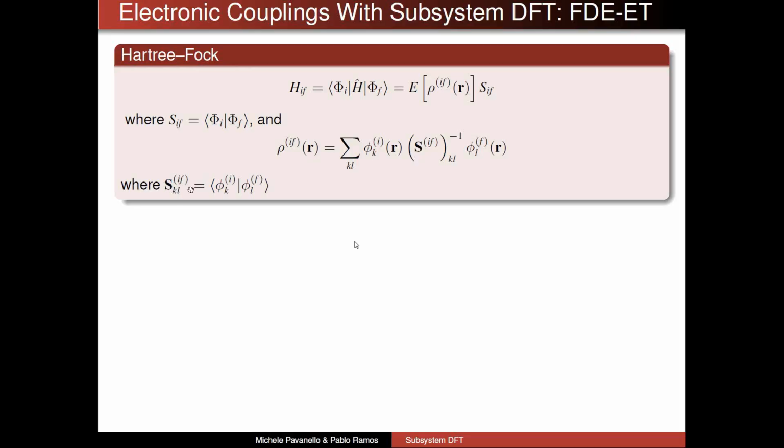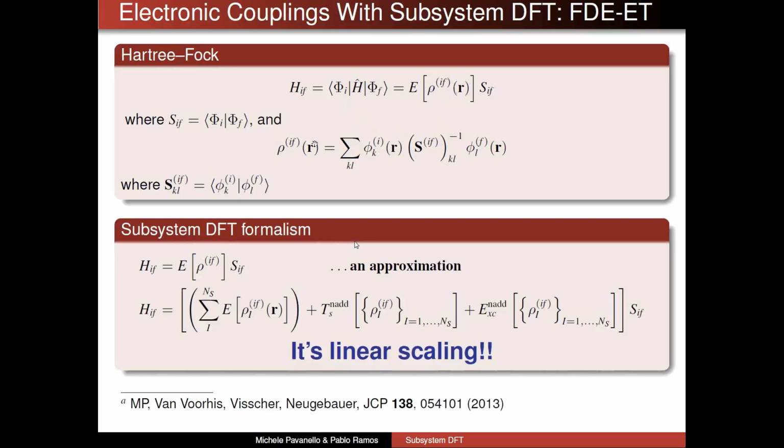And that is a matrix in which the overlaps are determined between the occupied orbitals of the initial state and the occupied orbitals of the final state. You make this matrix, you invert it, you stick it here, you calculate this transition density, you evaluate the Hartree-Fock energy with it, and you get your coupling if you had Hartree-Fock.